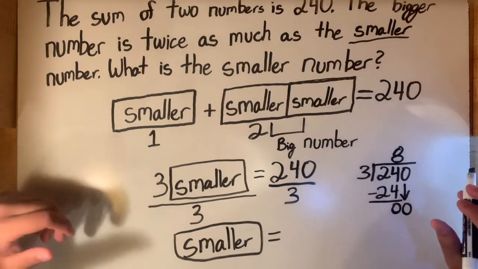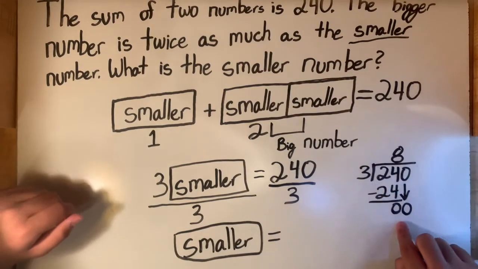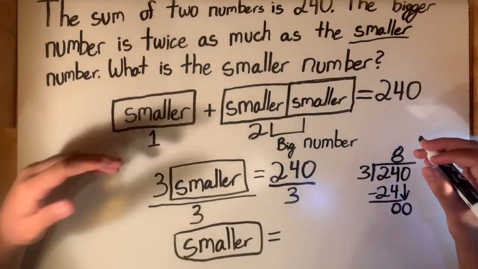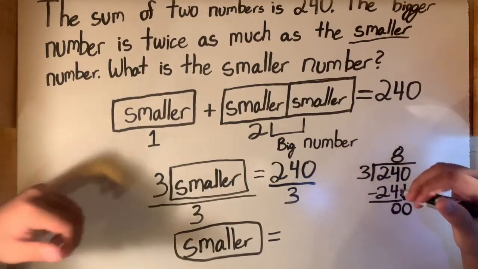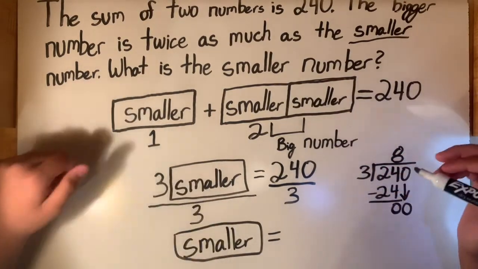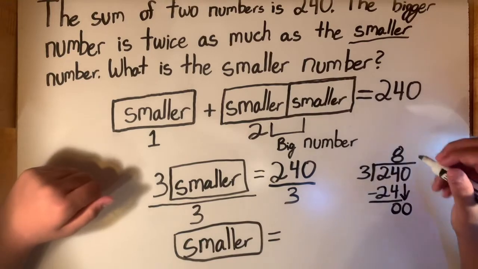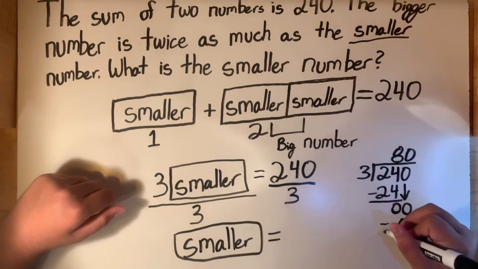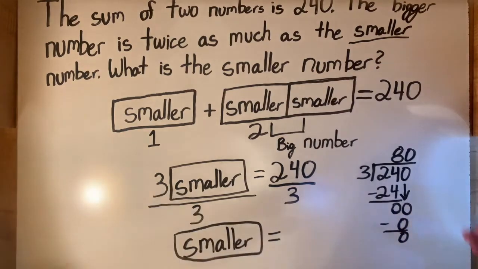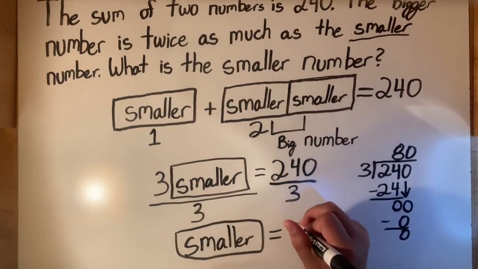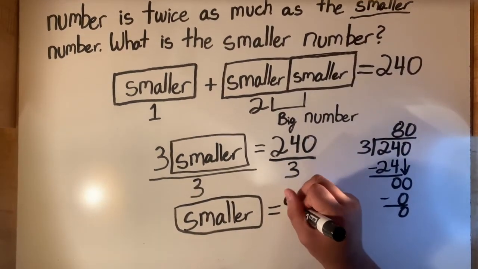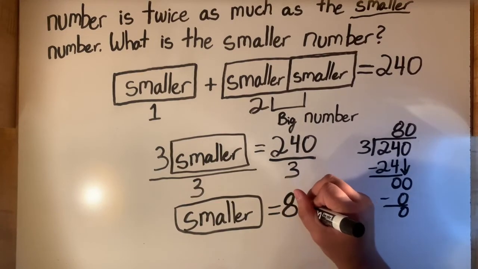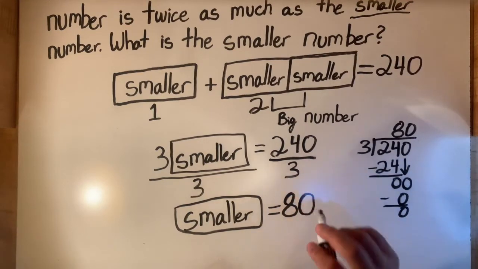The only way to go from 3 to 0 is to multiply by 0, because any number times 0 is always 0. So 0 minus 0 is 0, and we're done. Which means our answer is 80.